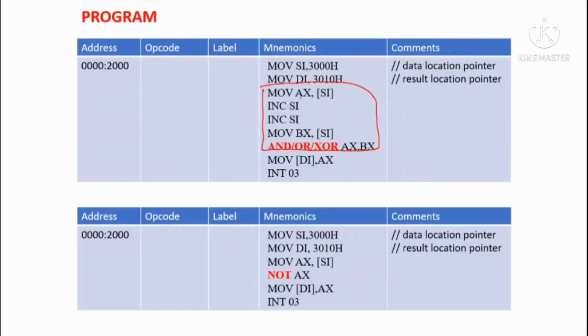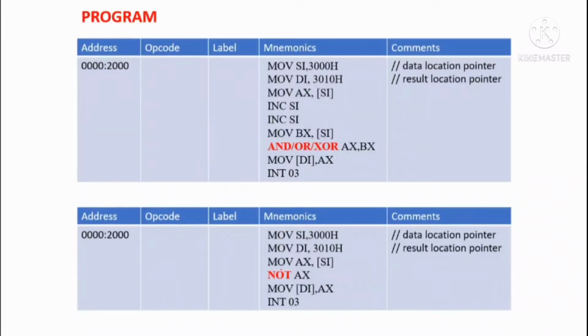We move the first data into the AX register, we move the second data to the BX register, then we perform whatever operation is required, either AND, OR or exclusive OR between AX and BX. The result of this operation will be stored in the AX register, as we know. Then finally we transfer the result stored in the AX register to the results location pointed to by the DI register. So this is the program for AND, OR, XOR logic operations.